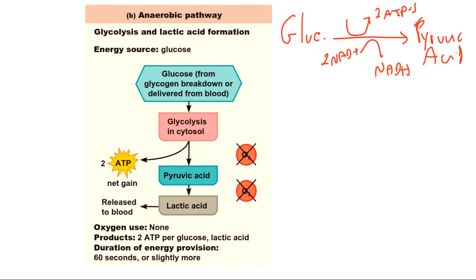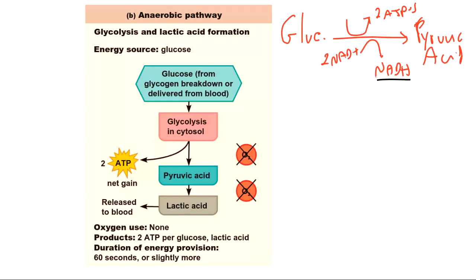So now this NADH is going to be taken to the electron transport chain to deliver its electrons. However, under anaerobic conditions, when the muscles are being contracted so much that it prevents the delivery of oxygen, now instead of going to aerobic respiration, the muscle takes pyruvic acid and ferments it.